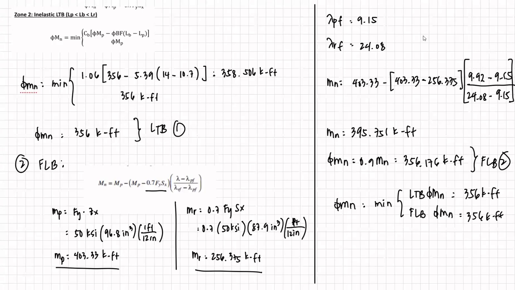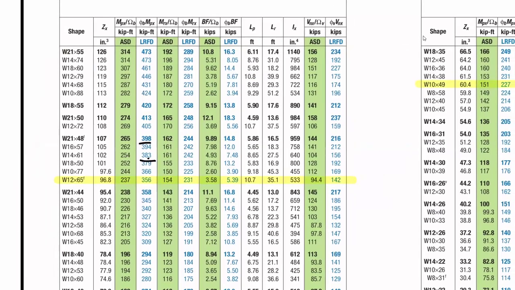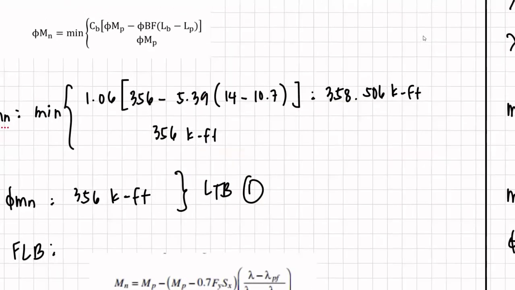Sa LTB, double check natin. Yung Mp, pag chinek natin yung value ng Mp, 0.9 times 403.33. That is 362.997. So, dapat itong value dito, di siya 356.